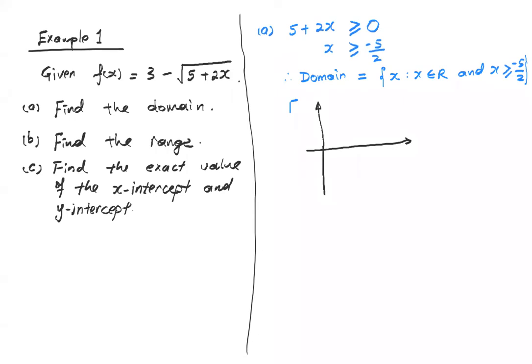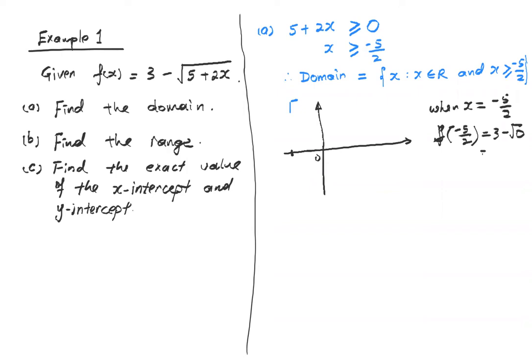So look, why do I want to talk about the graph? Because I want to explain part B. When I talk about the graph, negative 5 over 2 is here. So I ask myself, when x equals negative 5 over 2, my y, or my f of negative 5 over 2, will be 3 minus square root of 0.